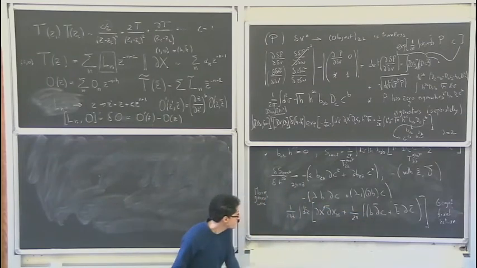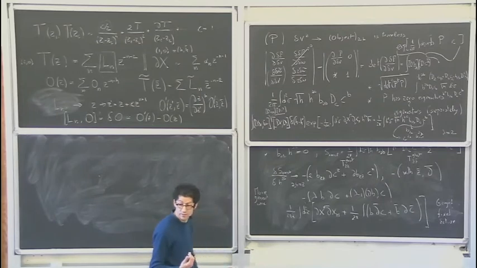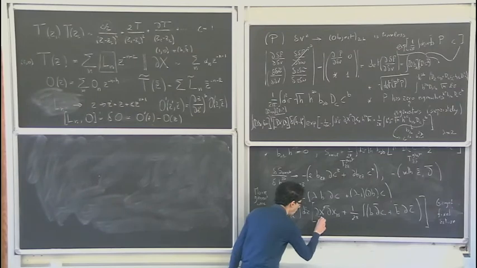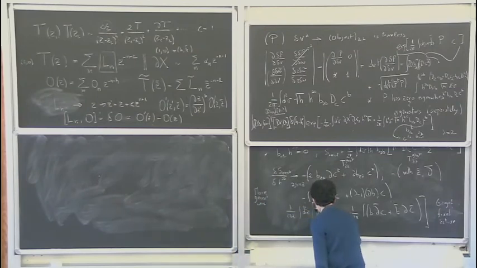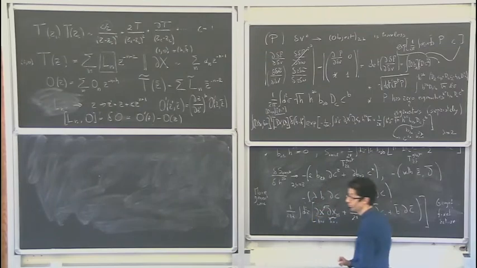Now, let's look at the conformal weight. So this guy has conformal weight h equal 1, and this guy has conformal weight h bar equal 1.